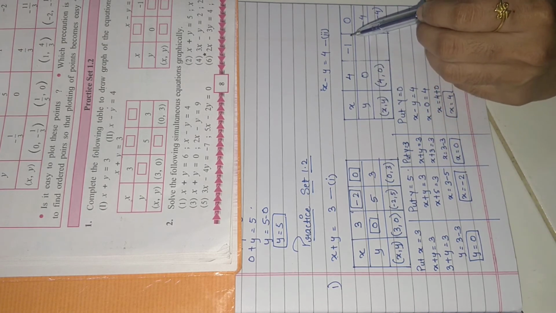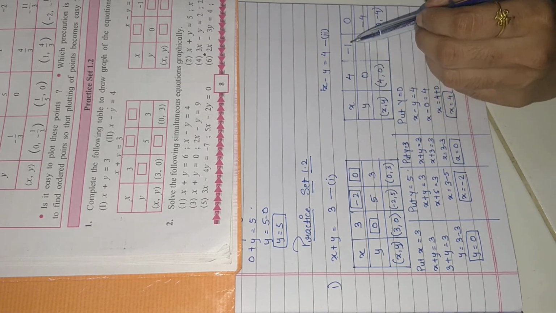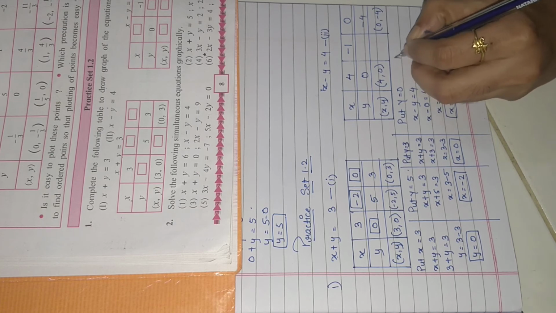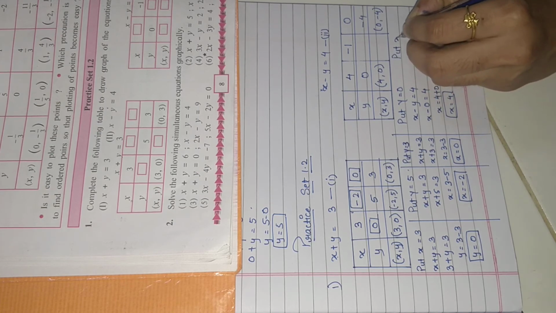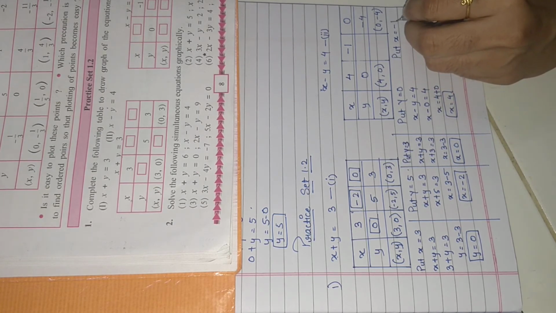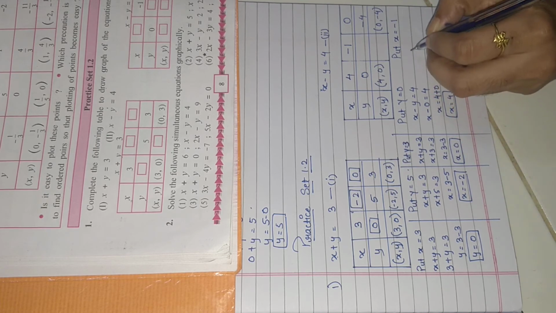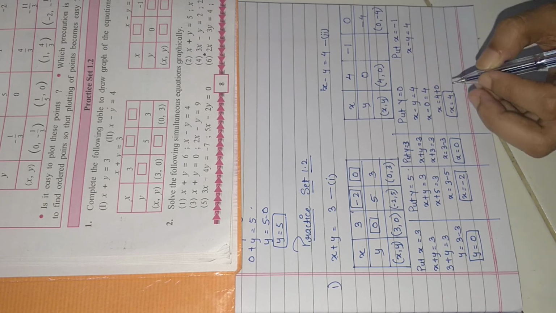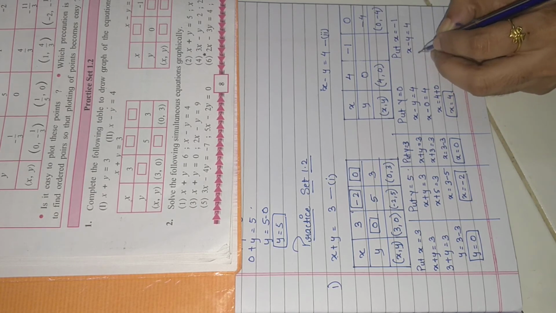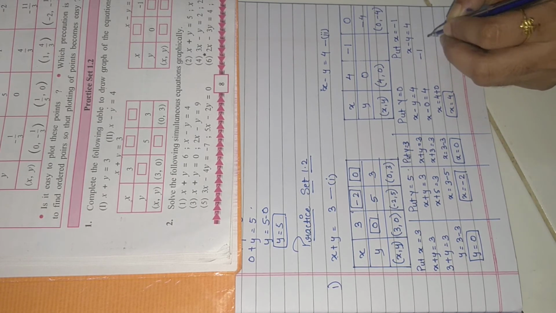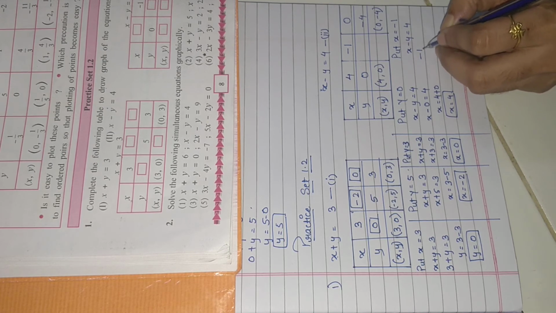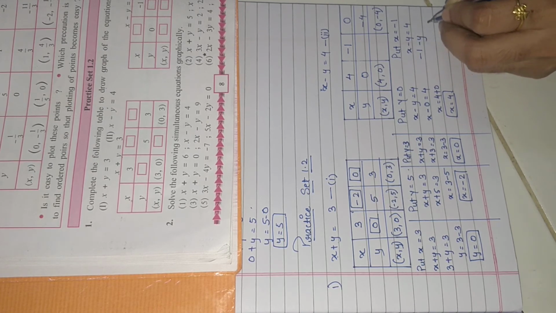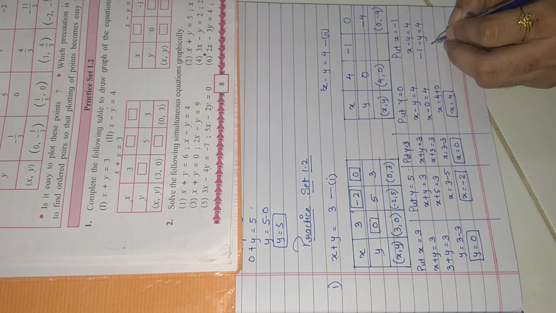So for the second assumption they have assumed x as minus 1. So we'll put the value of x as minus 1. Okay. So x minus y is equal to 4 is your second equation. We'll assume the number provided. In place of x you have to write minus 1, minus y as it is and 4.